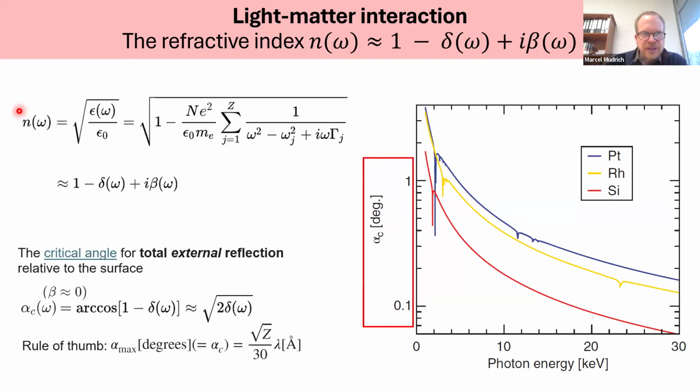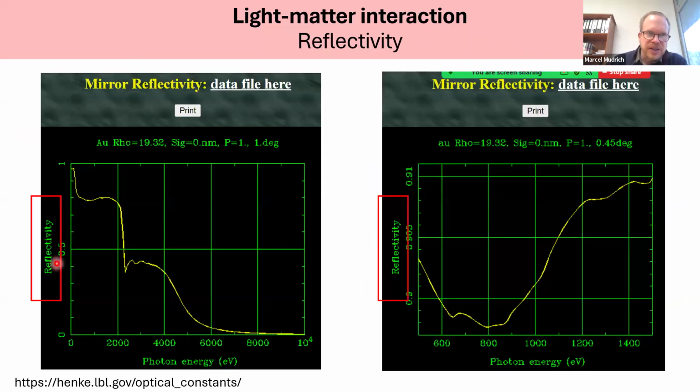So based on the knowledge of the refractive index, we can calculate reflectivities, and there's this very useful website by Henke where you can look up all sorts of optical properties, including the delta and beta, but also reflectivities of materials.